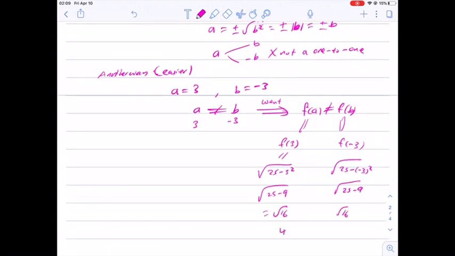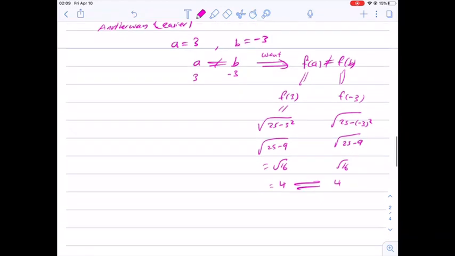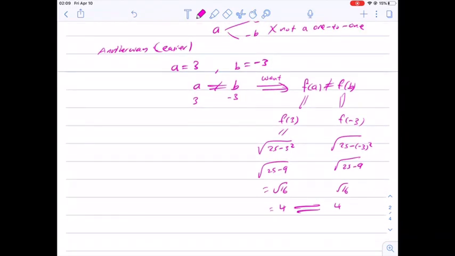So this is square root 16. This is square root 16. That's equal to 4. 4 equals 4. We didn't get them not equal. So that means this is not one-to-one. Some people prefer to write it this way. So this is not one-to-one.